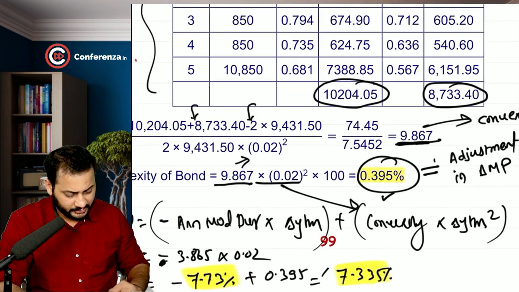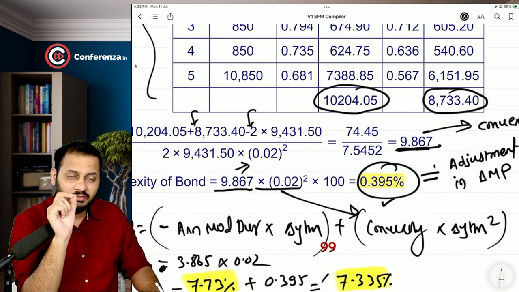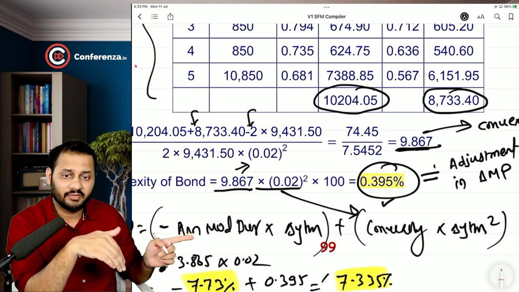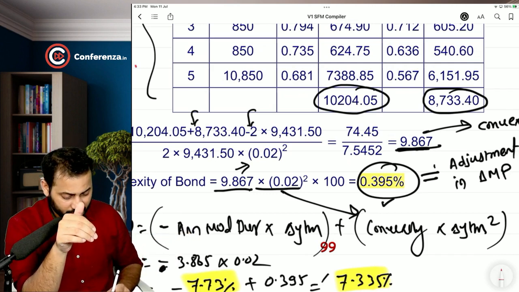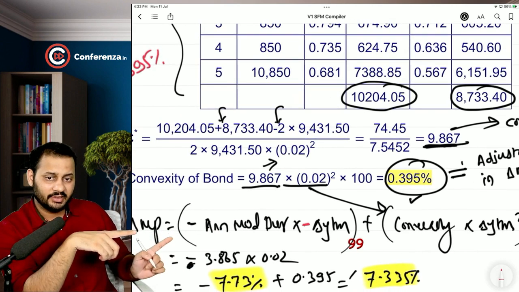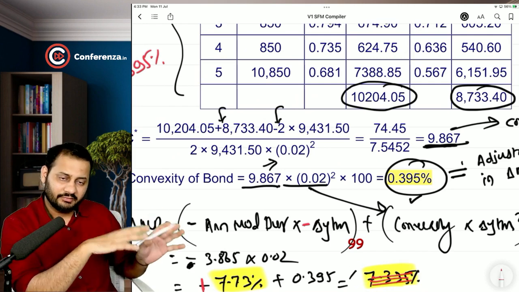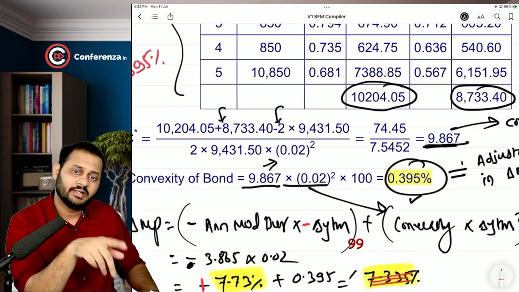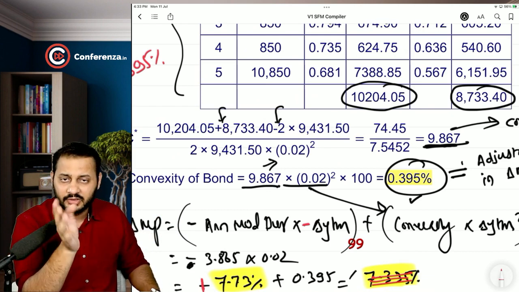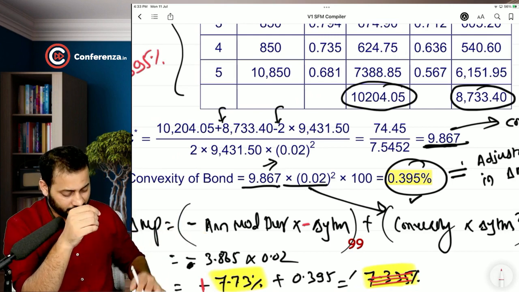We have to make the changes here, because the last part is asking that the YTM will decrease, so we will have to take the impact of the decrease in YTM. So this YTM will be minus, and the minus and minus will become positive, and ultimately this will also increase. The 7.335 answer that we calculated at that time was right, because we were assuming an increase in YTM by 2%. But the last question says decrease, and that's why we are changing the method.